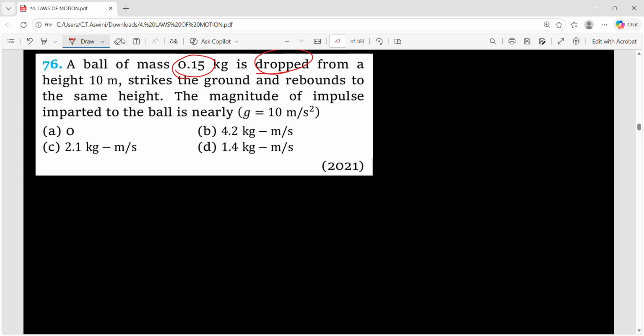See this question. Before I solve the question, try to do it on your own. Mass is 0.15 kg, dropped from a height of 10 meters. The ball strikes the ground and rebounds to the same height. First case, the ball was dropped, so initial velocity was 0.